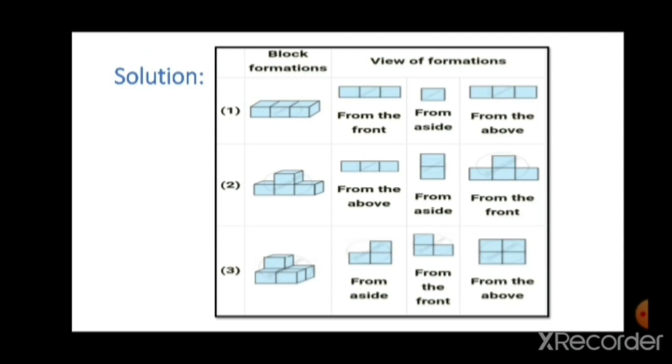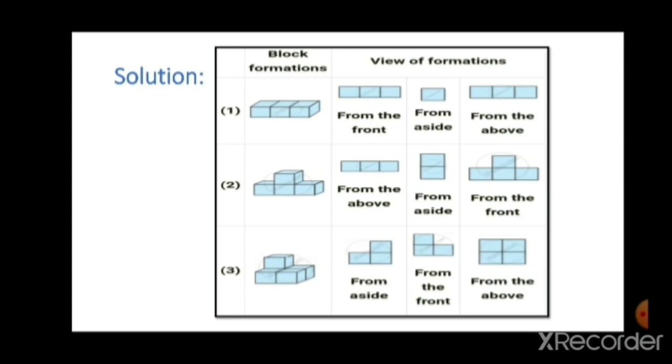Then in the second column you can see the view of this block formation from a side, and the third image shows you the view of the block formation from above. Then come to the second figure.